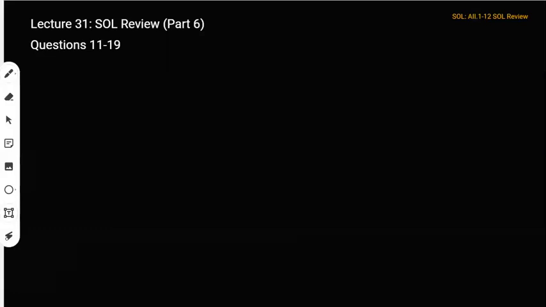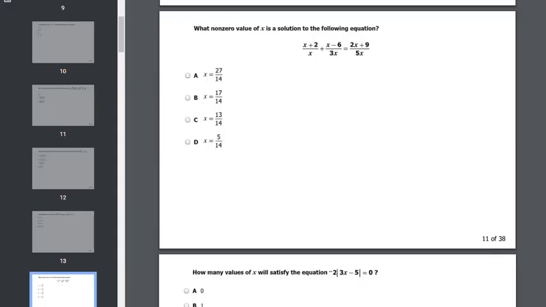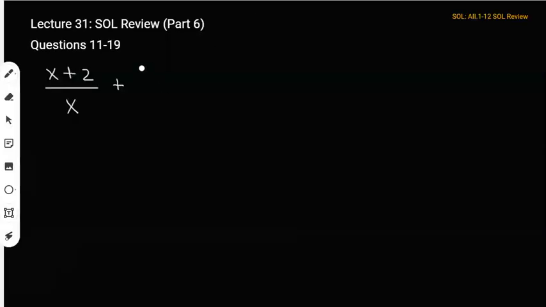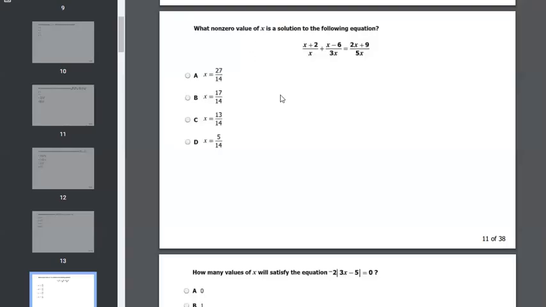We've got (x + 2) over x plus (x - 6) over 3x is equal to (2x + 9) over 5x.